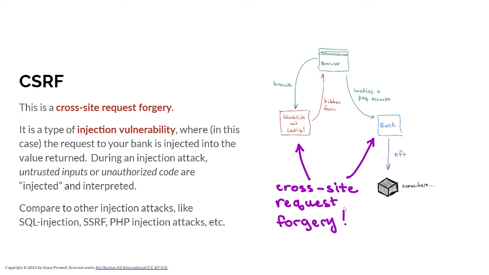This is called a cross-site request forgery, because I'm forging a request to send money, and I'm doing it across sites. Okay, so this is one site. Oh, here's another cross-site forgery, CSRF. This is a type of what we would call injection vulnerability. We've injected the hidden form into the web page sent back by Happy Fun.